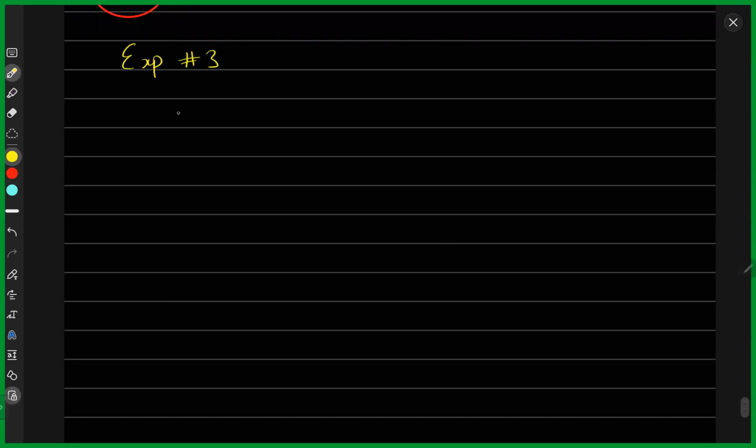Okay. Let's consider the same scenario. Example number 3 for this one. Now the original equation is y equals x squared minus 2x minus 3. And now I'm going to multiply 1 by 2 with x.